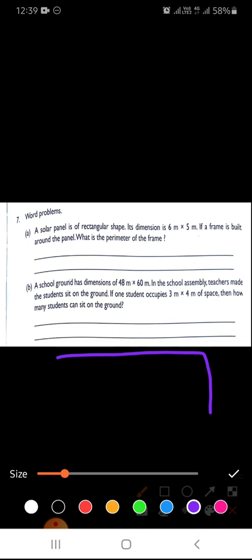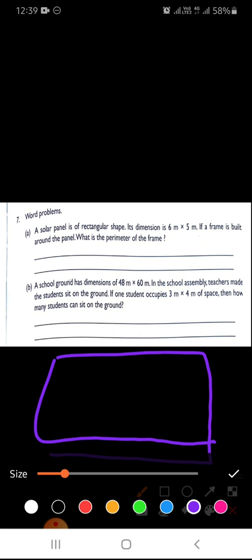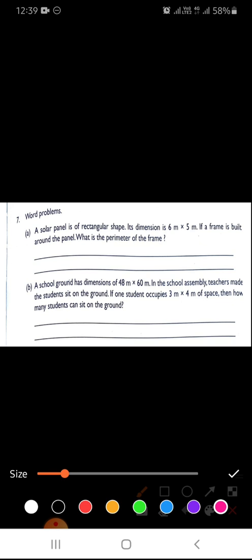The next question is, a school ground has dimensions 48 and 60. Dimensions, as you know, means length and breadth. So its length is 48 and breadth is 60.